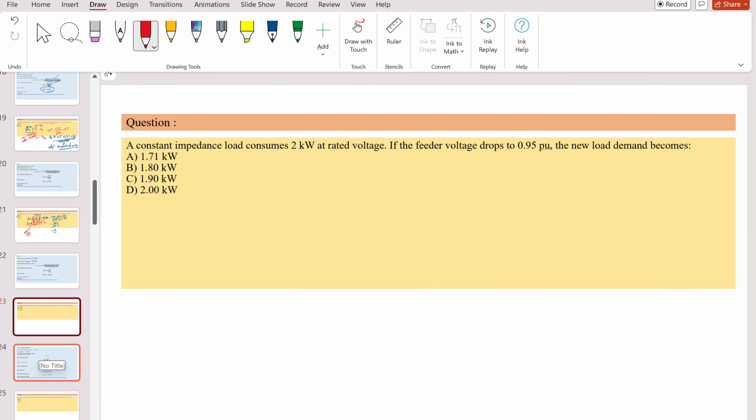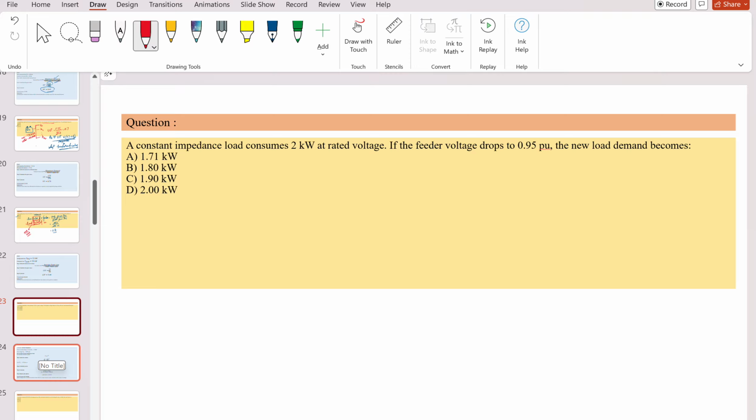Let's move forward. This is a problem related to that. You have a constant impedance load which is consuming certain power, and there is a feeder voltage drop, that is 0.95, and you have to find out what the new load becomes.